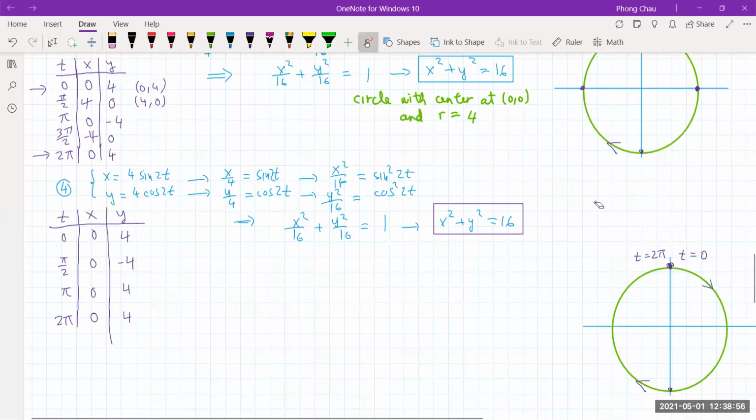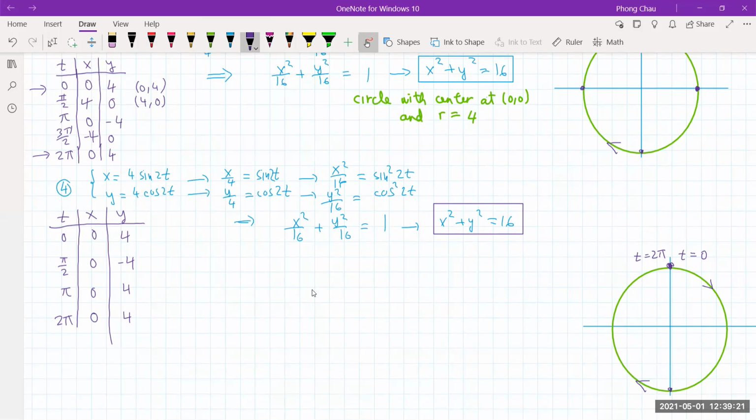Now, let's look at the graph. The circle, you see, it's really the same, right? It's the same size and same radius. However, from the table, when t equals 0, we are at 0, 4.